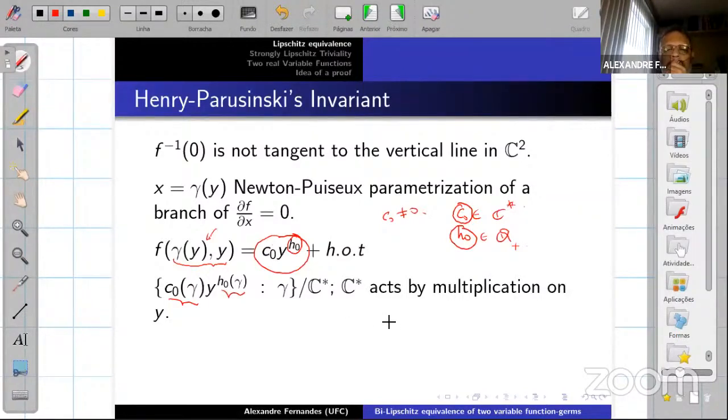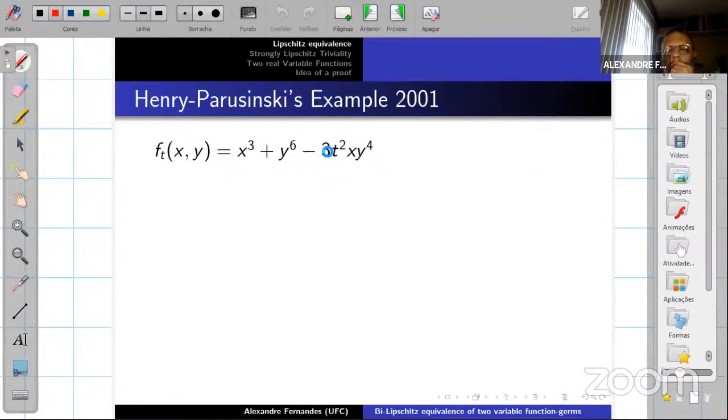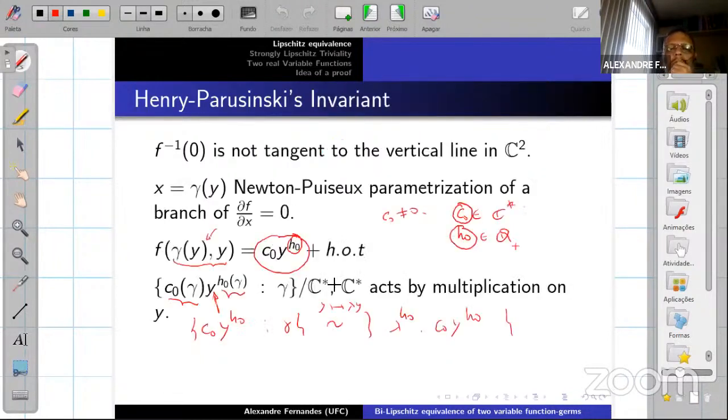Then here you have lambda, something like that. Okay, they are equivalent for us, and you divide this by this equivalence relation. This is our invariant, the invariant defined by Henri Parushinsky.